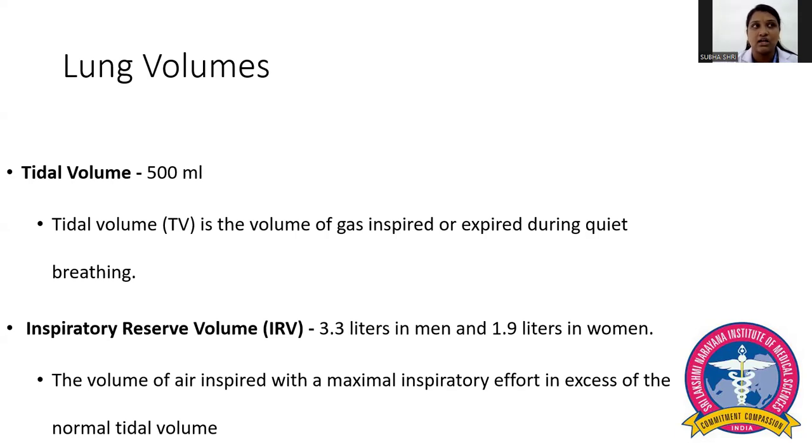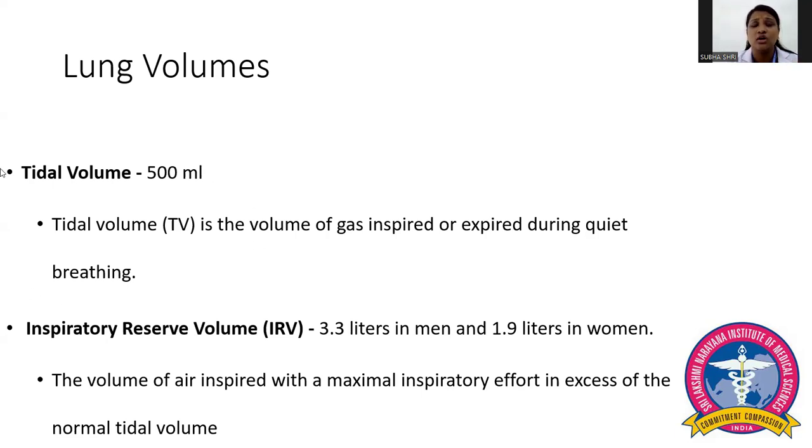That is, at rest we are inspiring, right? So from that point, after the tidal inspiration, how much amount of air can be maximally inspired? Shall I say it in another way? It is the amount of air inspired in excess to the normal tidal inspiration.